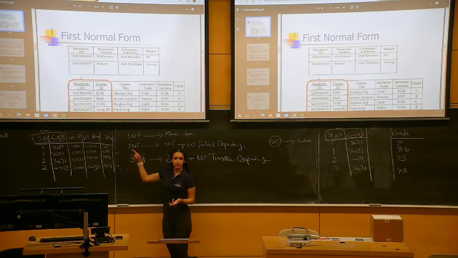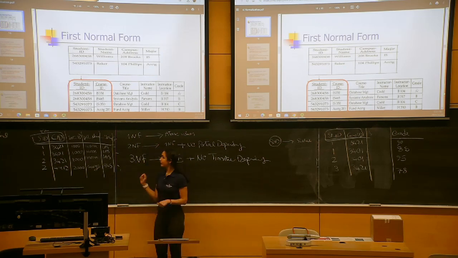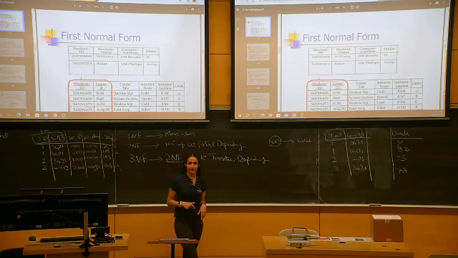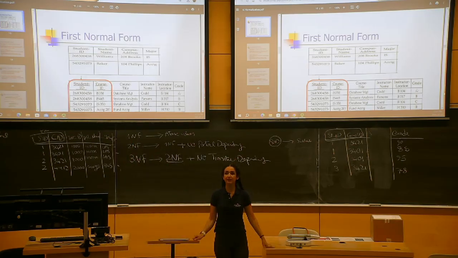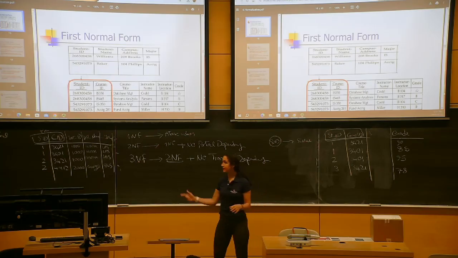So we check 1NF and it is in 1NF. We check 2NF, so we should check partial dependency. For partial dependency, you check the primary key. Do we have a composite primary key? Yes. Should I check for partial dependency? Yes.